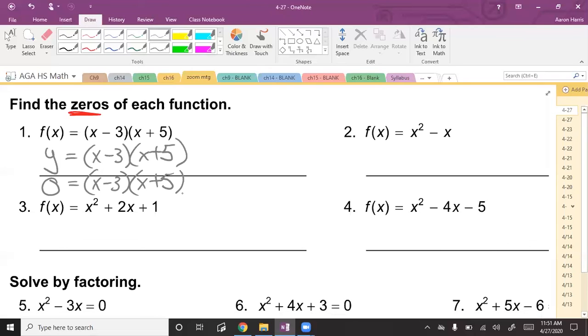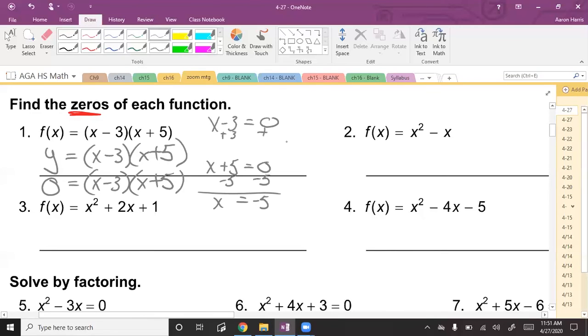So all I have to do is set each one of these equal to 0. So minus 5, x is equal to what? Negative 5. Plus 3, x is equal to 3.